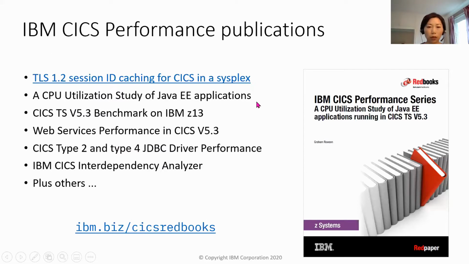This is a blog written by Ian Mitchell, I think around September, October, advising that if you are using TLS 1.2, using session ID caching is certainly recommended in a Sysplex environment. There are hyperlinks in those pages if you'd like to have a look.